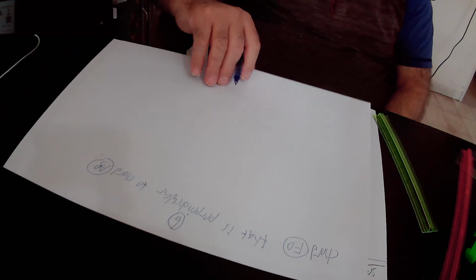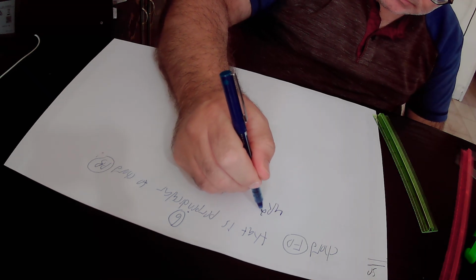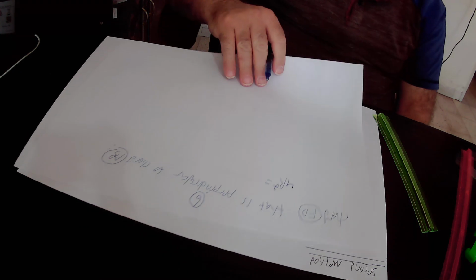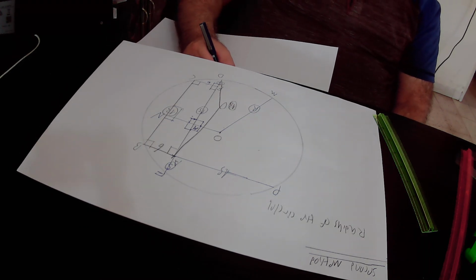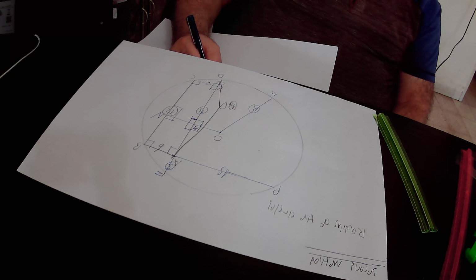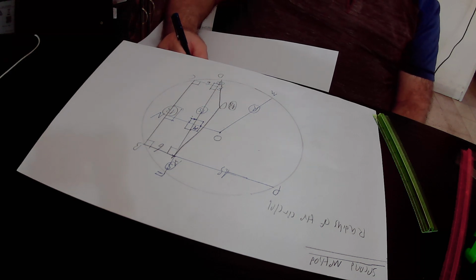Okay. 4R squared, R is the radius of the circle, will be equal to FA squared plus AD squared plus PA squared plus AB squared.